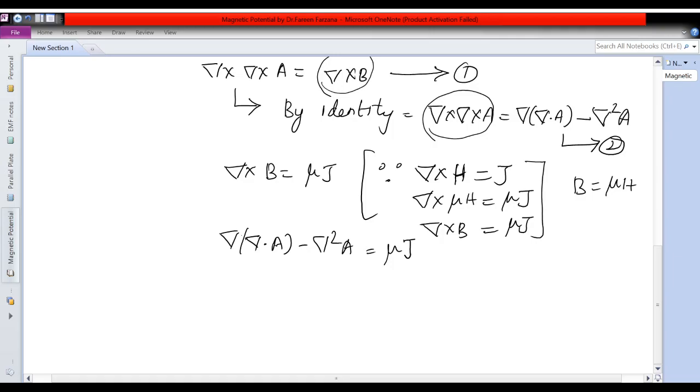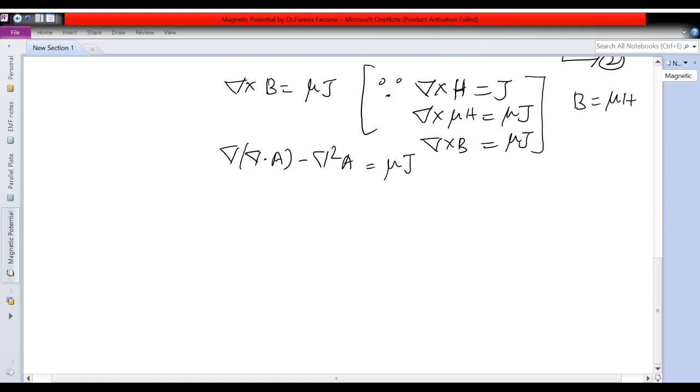Now we are going to substitute certain facts here. For a steady DC value, direct current, you know that whenever you have a direct current value which is a constant, del dot A is equal to 0.